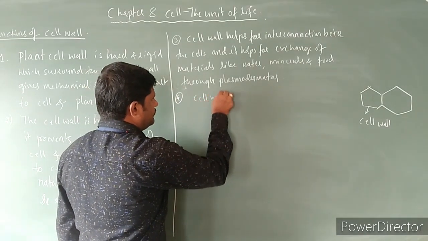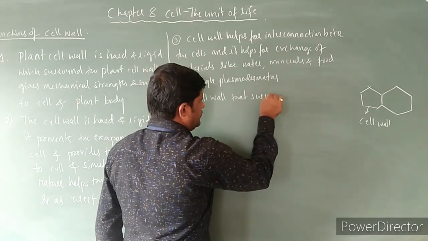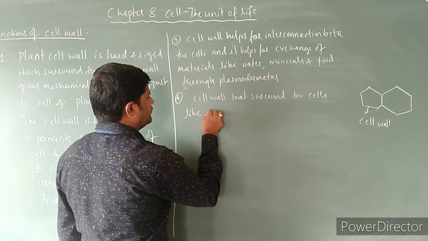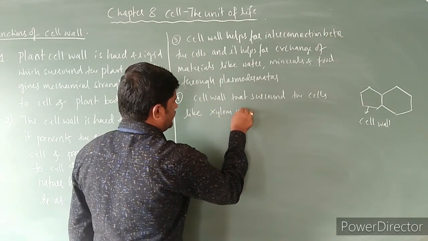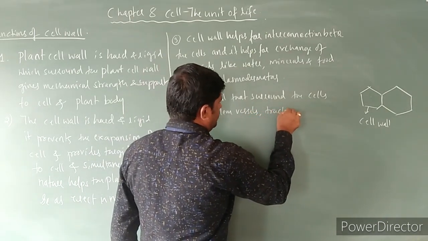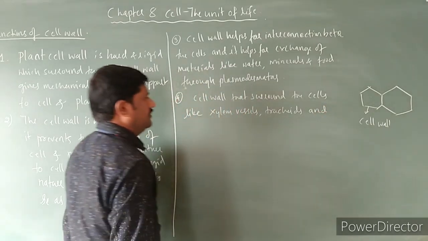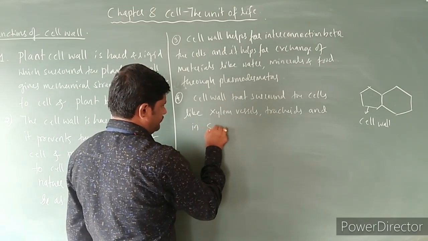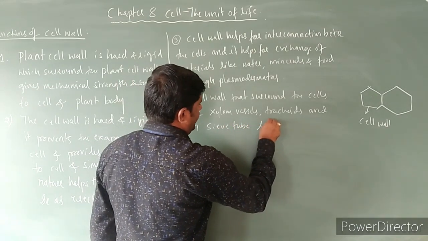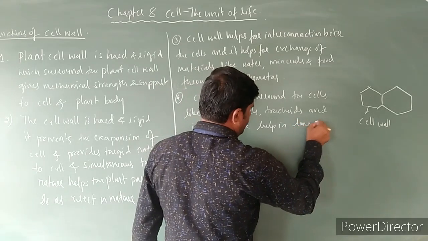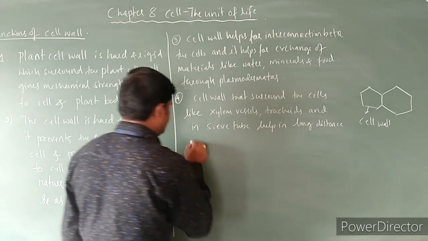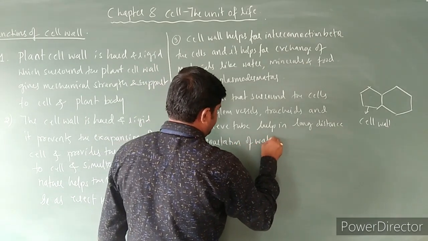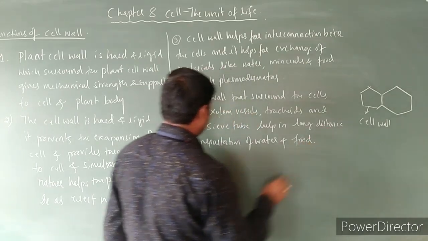The cell wall that surrounds cells like xylem vessels, tracheids, as well as sometimes tubes, also helps in long distance transportation of water and food material.